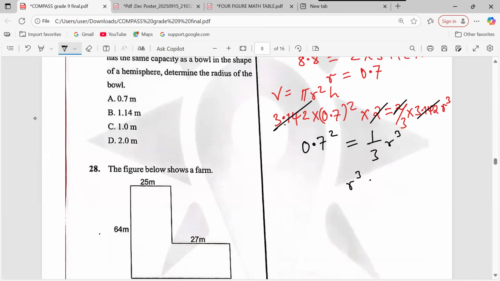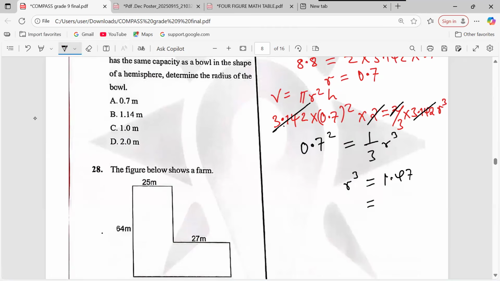How shall we remain with r to the power 3? We multiply 0.7 squared by 3, because we have to multiply by 3 on both sides. That gives 1.47. If r cubed equals that, then we need the cube root, giving us 1.137 meters.